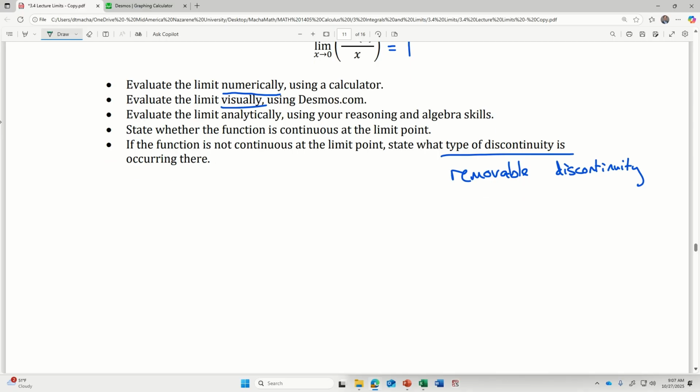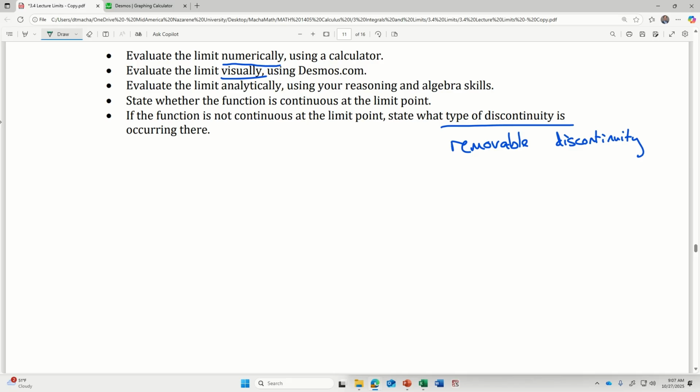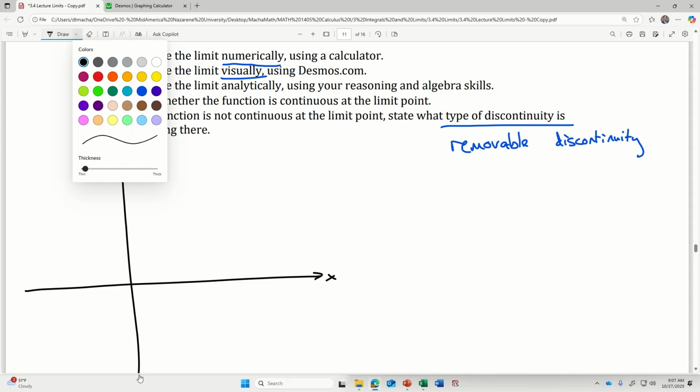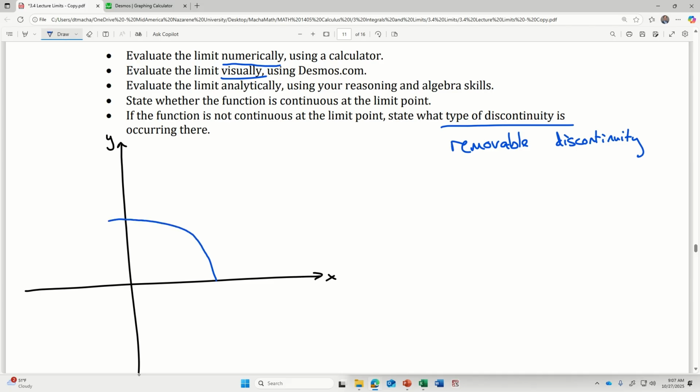What we're going to do to prove that this limit is equal to 1 is draw an xy plane. And I'm going to do my best to draw the unit circle. That's supposed to be a circle.